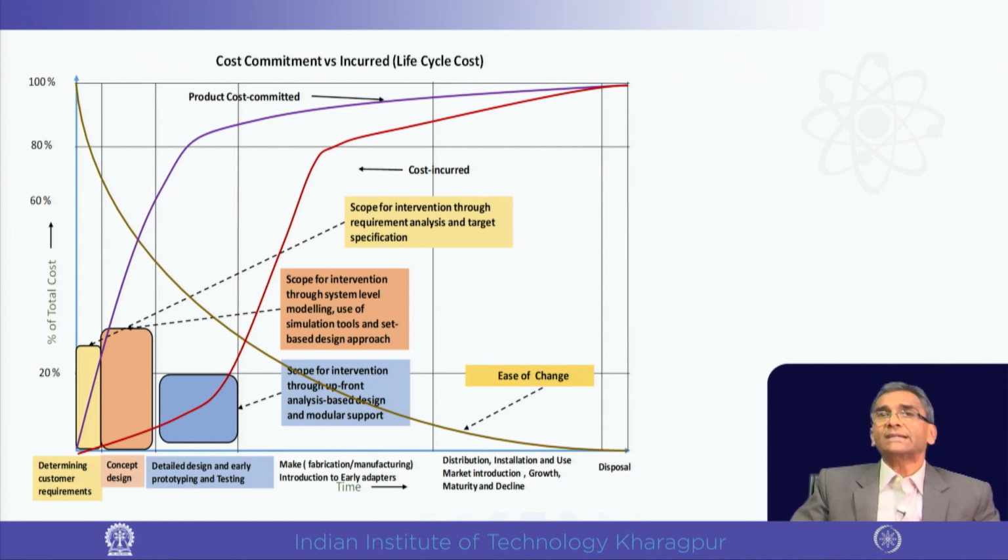If those are tackled in the beginning itself, the rest would become easier. Similarly for the detailed design part, scope for intervention through upfront analysis based design and modular support.